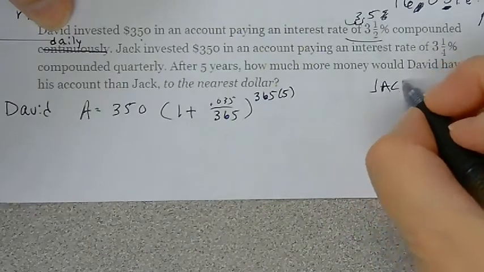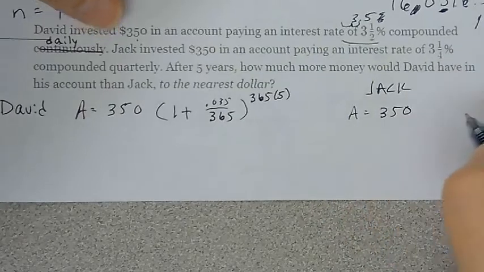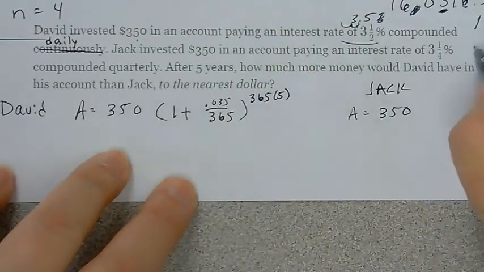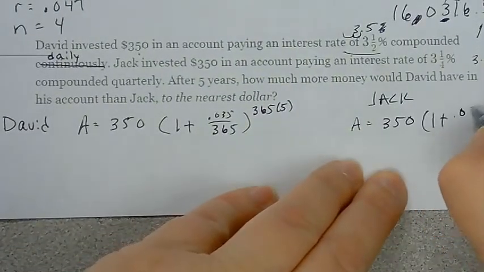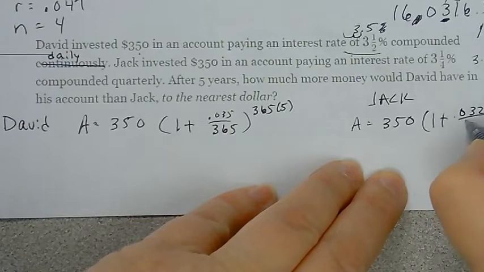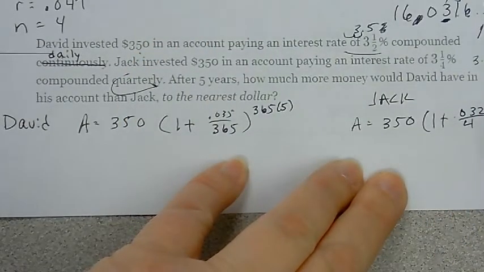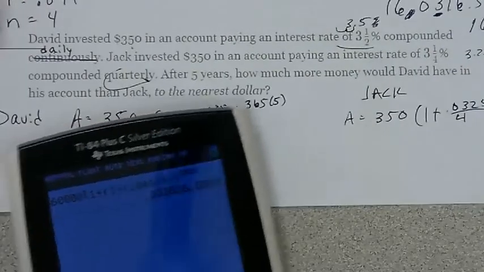Jack, he does something different. He takes his $350 and puts it in an account that has 3 1/4, which is 3.25. So 1 plus 0.0325. And his is compounded quarterly, so it happens 4 times a year. Well, it looks like that. So type both of those in and see which one gives me the best deal.